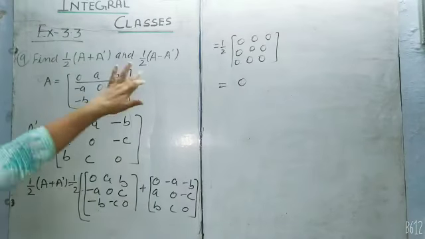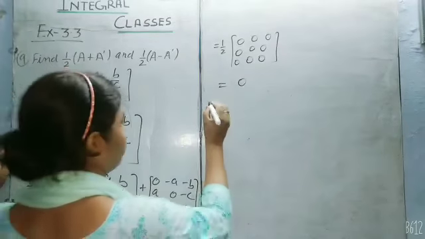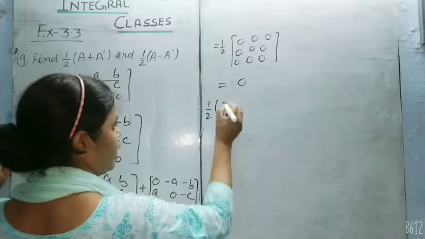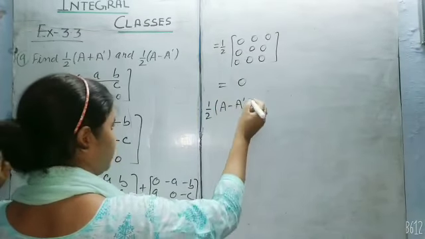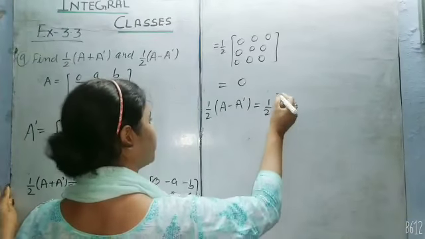Now the second answer, the second part: 1 by 2 of A minus A transpose. Now we will subtract both matrices here.